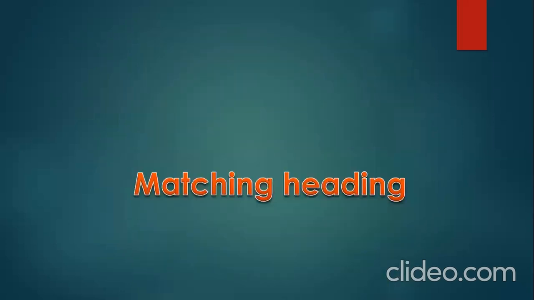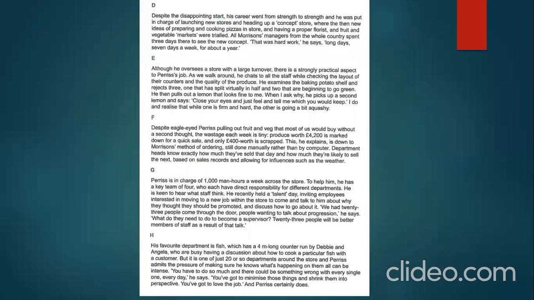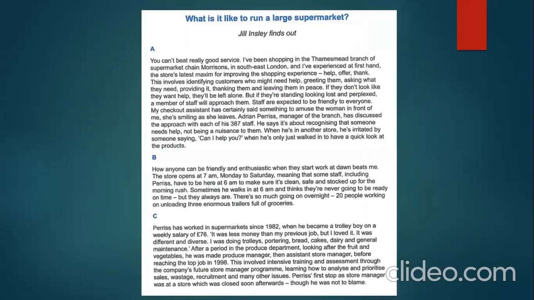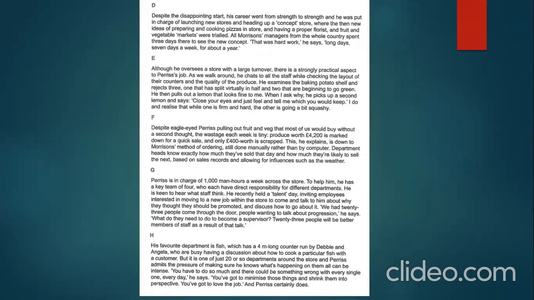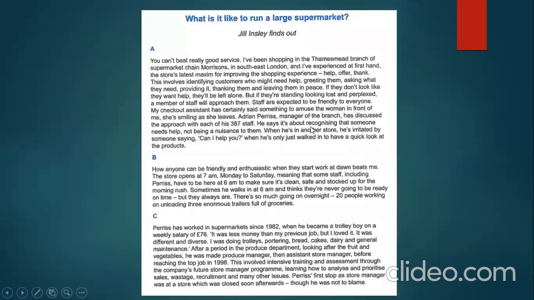Then we have matching heading types. And this is how matching heading types look like. You have lengthy text given in small paragraphs, A, B, C, D, E, F, G, H, or it may be numbered. And then you have a list of headings available, and you have to choose each heading according to the paragraph.